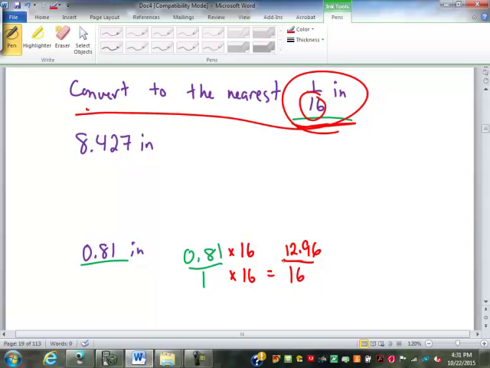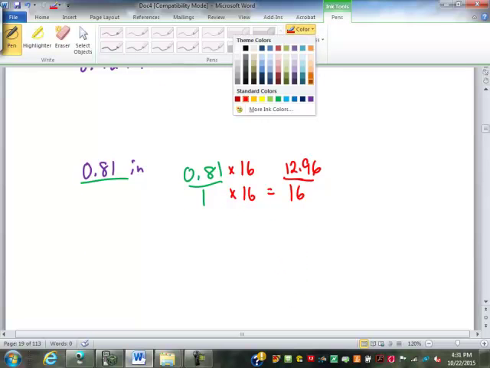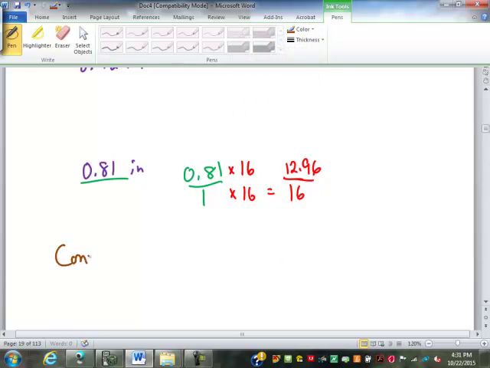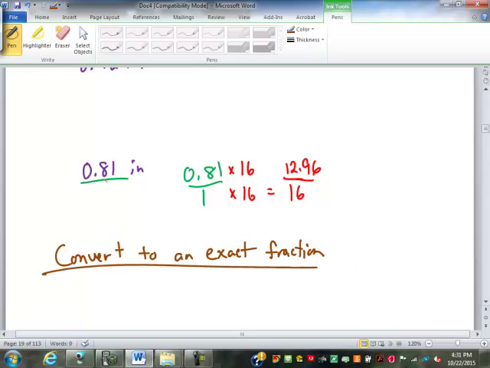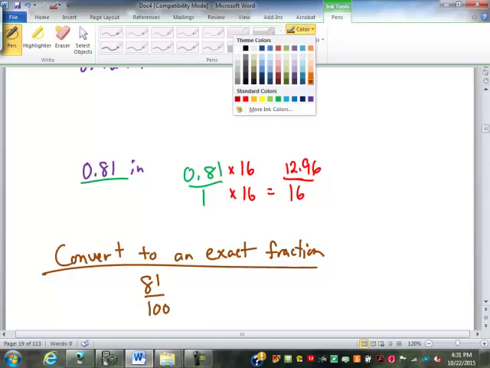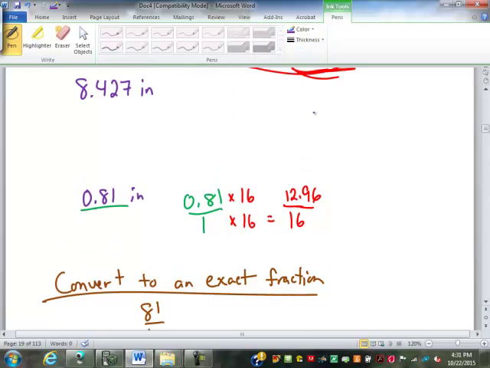If I wanted it to be 81 over 100, I would say convert to an exact fraction. The exact fraction here would be 81 hundredths, 81 over 100. And that cannot be reduced. Good question, though.